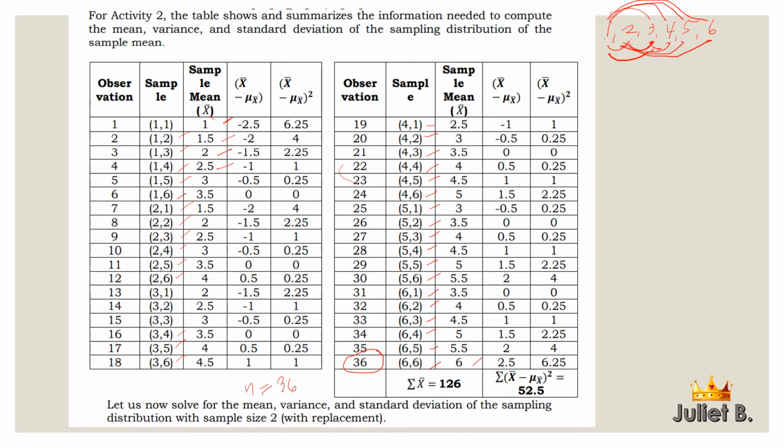Ngayon, i-add na natin lahat ng sample mean. I-add na natin yan hanggang dito sa 6. Ang summation niyan ay 126. From there, makukuha na natin ang mean ng sample mean.